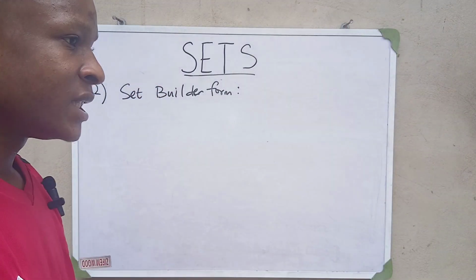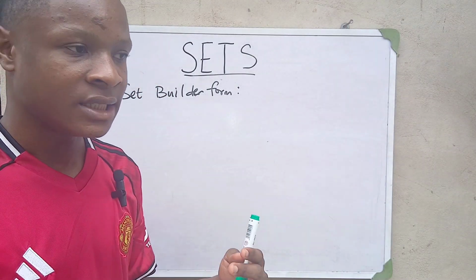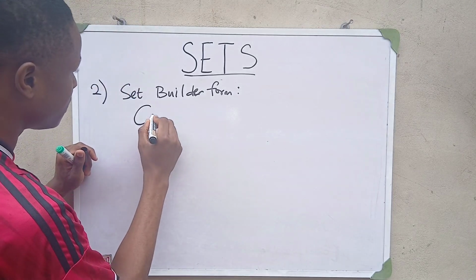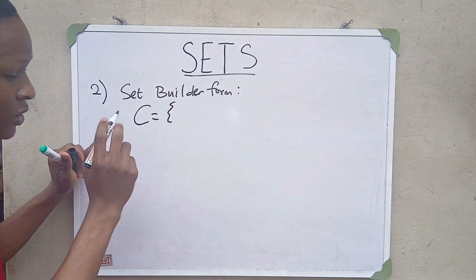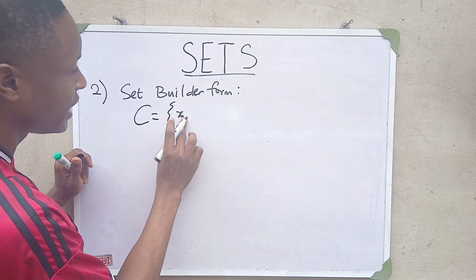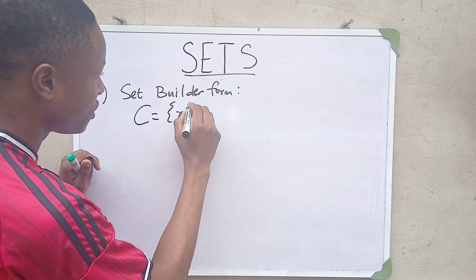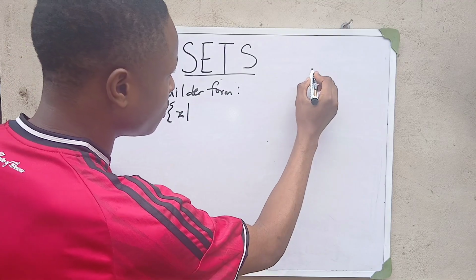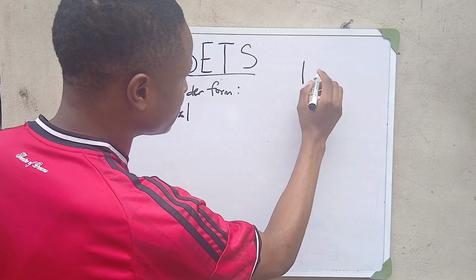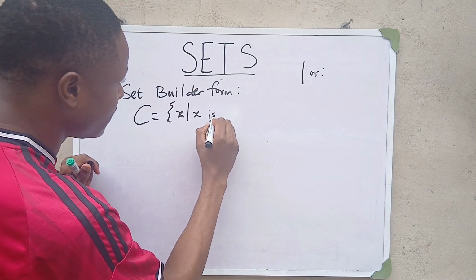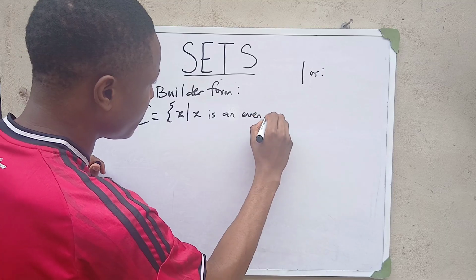So we can represent the set of even numbers in set builder form. Let's call this set C. The way we write it is {x : x is an even number}. Here x means the element of the set, and this colon or slash means such that, x is an even number.